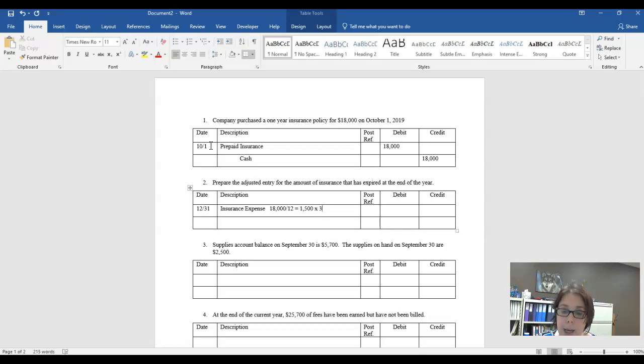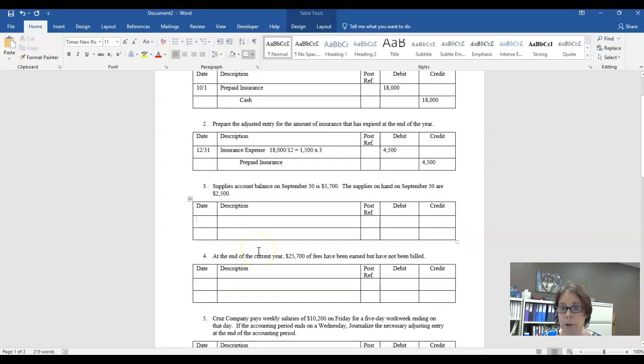So take that times 3. So the amount of insurance that is expensed out for 2019 is $4,500, and then I'm going to credit prepaid insurance by reducing the amount that we have. Okay, so you'll come across that one.